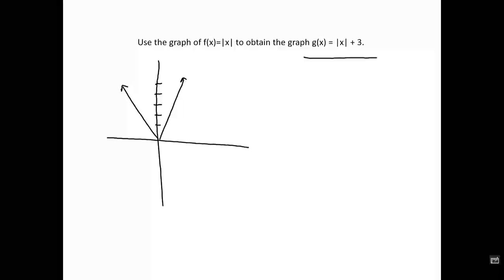So if I go up 3 units, one, two, three, and then the graph is this. So this now is the graph of g of x, which is the absolute value of x plus 3.